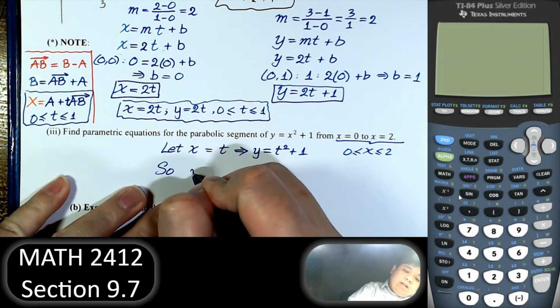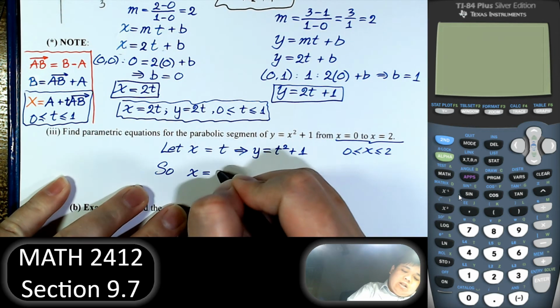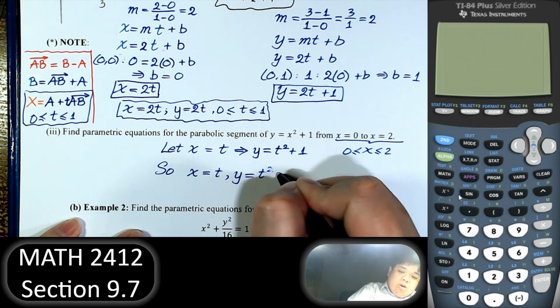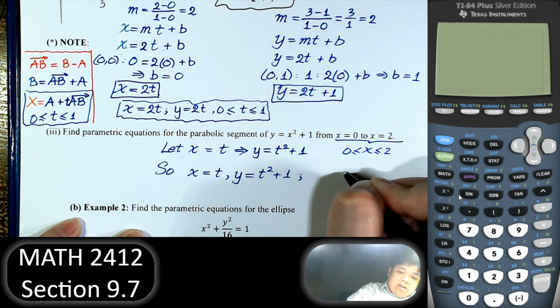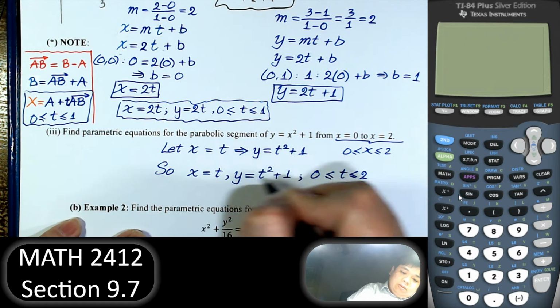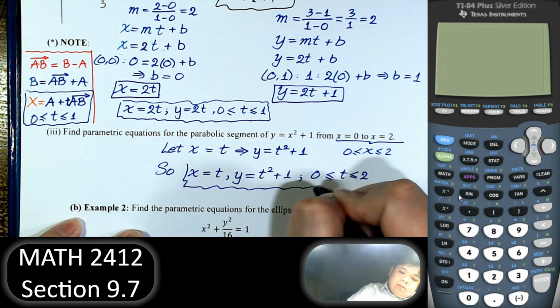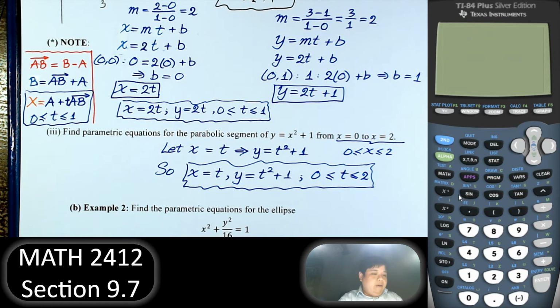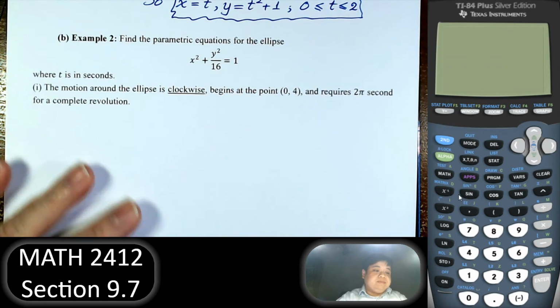So we have the parametric equation x equal to t, y equal to t squared plus 1, where t is between 0 and 2. Right, so we turn an equation into a parametric equation. That process is called parameterization.